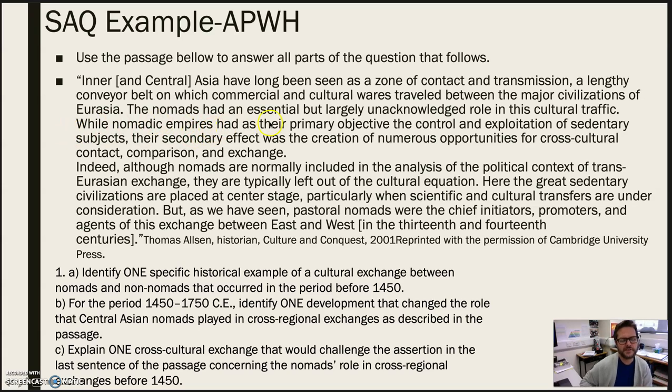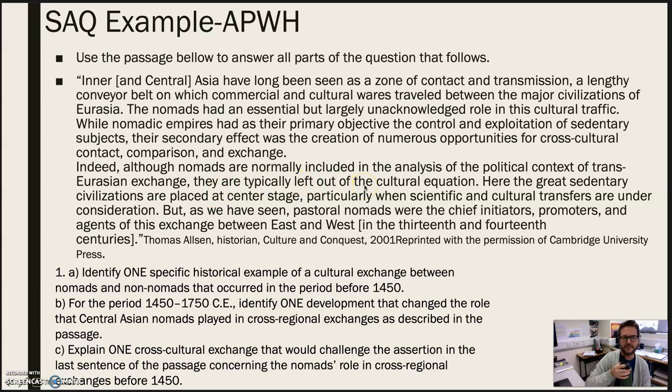While nomadic empires had as their primary objective the control and exploitation of sedentary subjects, their secondary effect was the creation of numerous opportunities for cross-cultural contact, comparison, and exchange. Indeed, although nomads are normally included in the analysis of the political context of trans-Eurasian exchange, they're typically left out of the cultural equation.